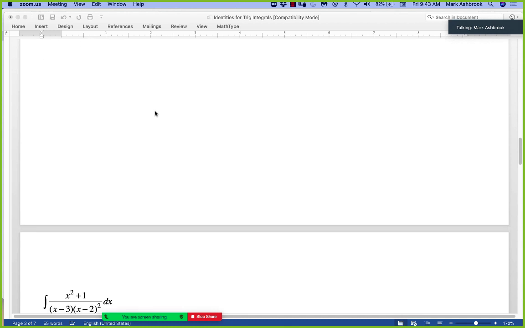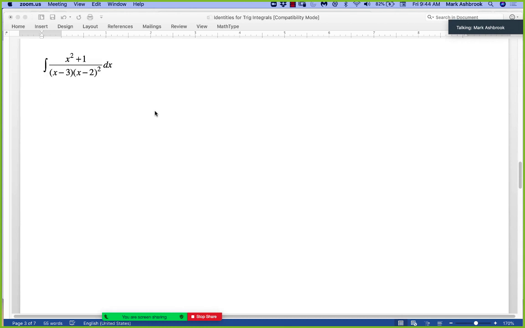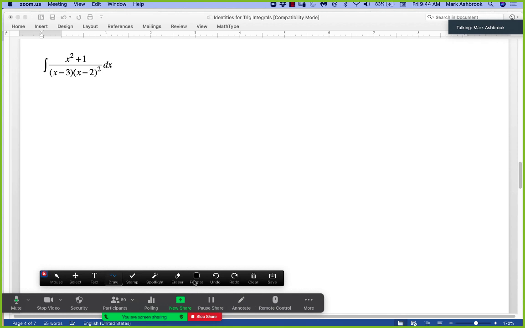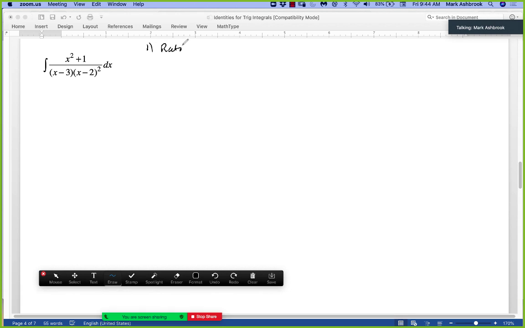So let's work on another one. Again, in order to use the partial fractions technique, there are two criteria that you're looking for. The first is that it's a rational function with the degree of the numerator less than the degree of the denominator.